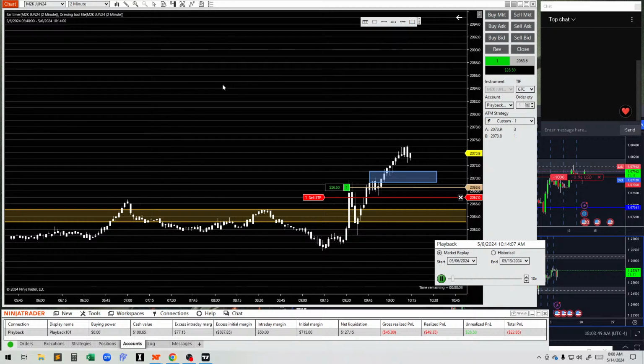We are currently on 5/6, so the 6th of this month, May. Alright, so we're getting a new break and a new low, so we'll kind of trail that stop up a little bit, see if it'll run higher.